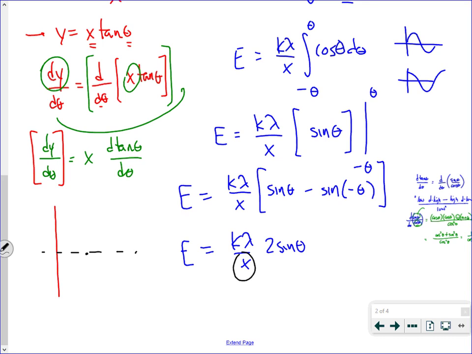Sine theta, well, the angle goes from that to that. The angle gets smaller, and if the angle gets smaller, then the sine gets smaller. So top gets smaller, bottom gets bigger, E gets weaker as we go away from this stick. All right, that's good.